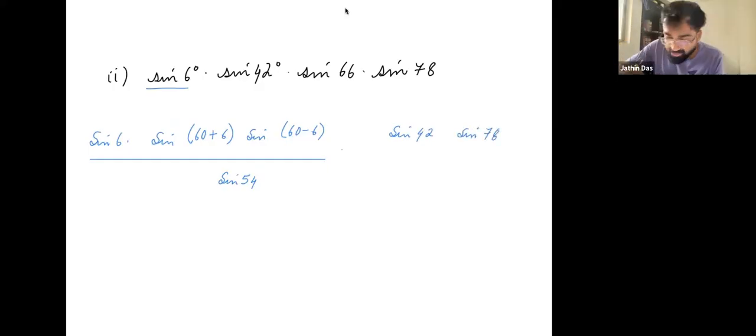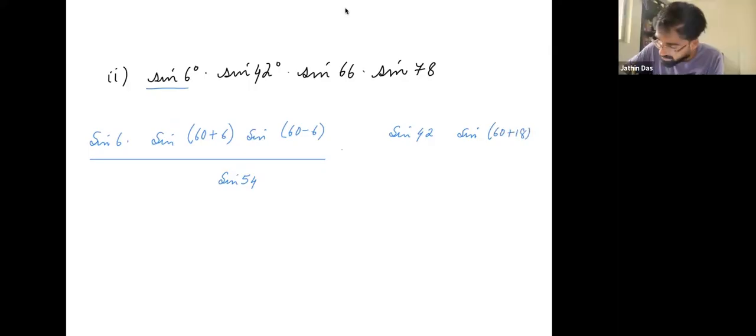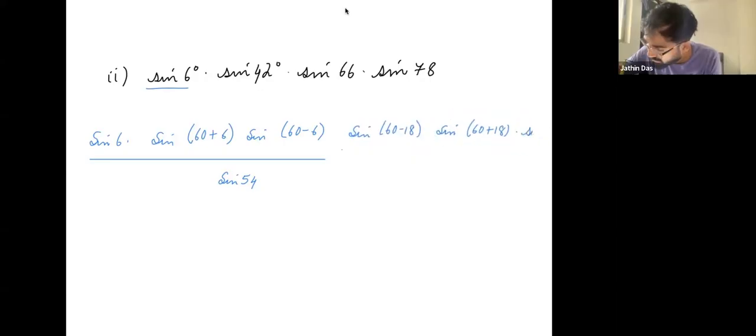So this is 60 plus 18, and this 42 is 60 minus 18, correct? So what do I have to multiply? Sine 18 by sine 18. Good.